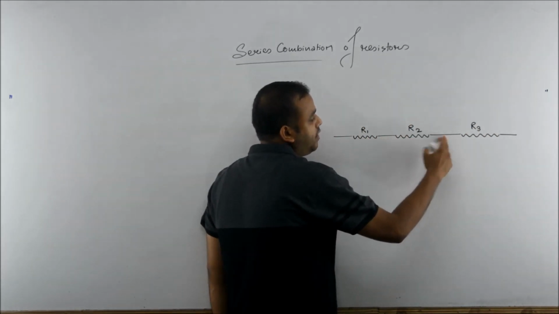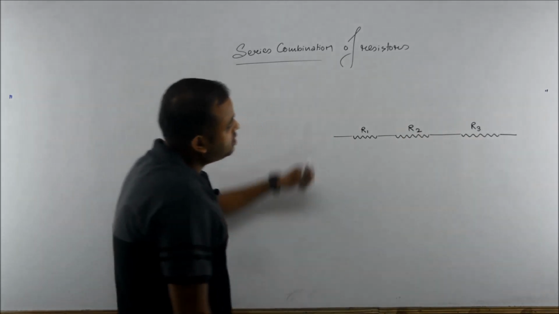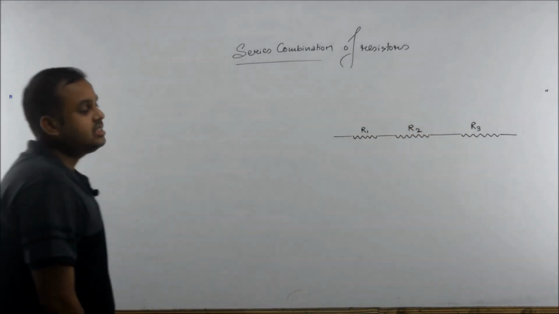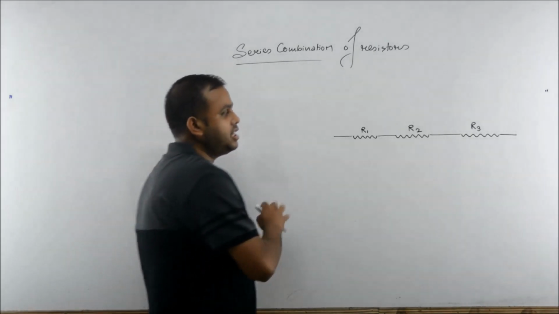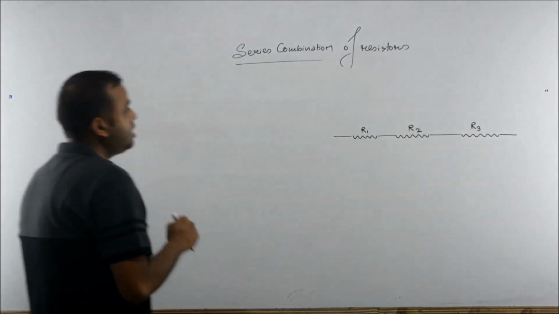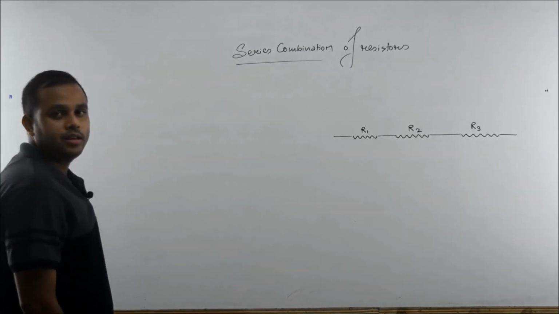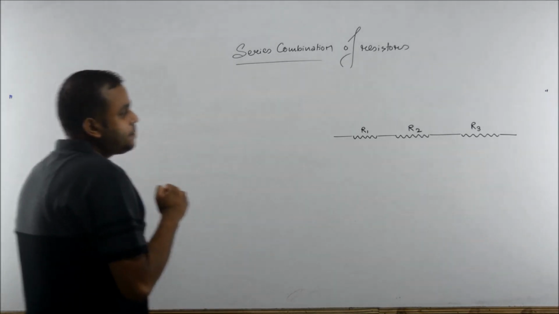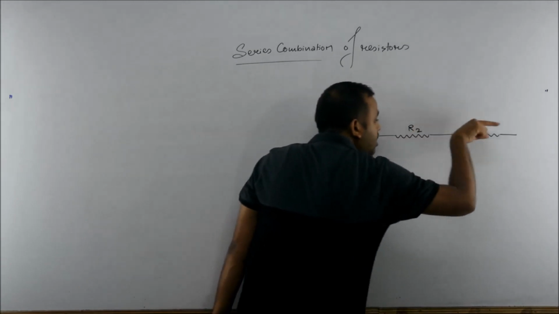Again to the end of R2 another resistor of R3 is connected. So these resistors are connected end to end, and this type of combination is called series combination of resistors.